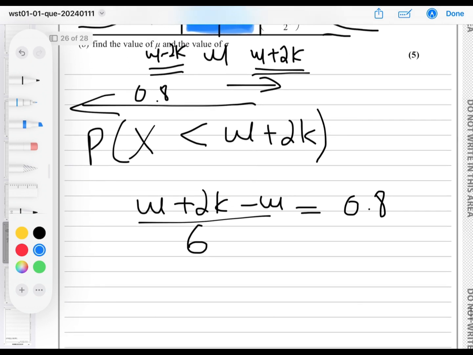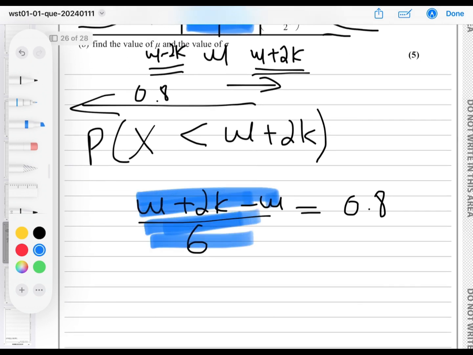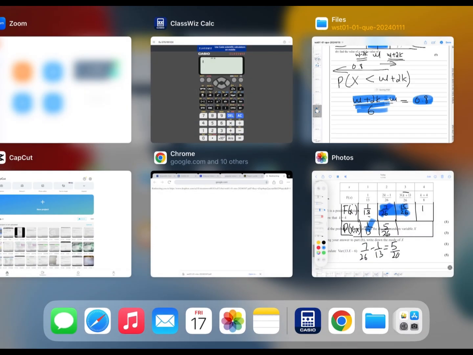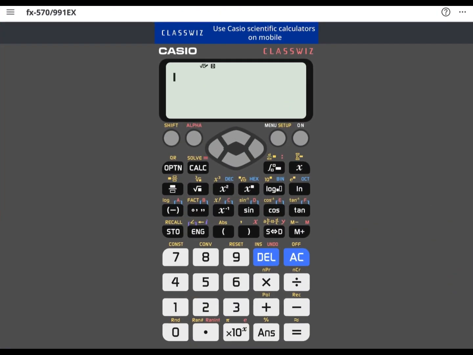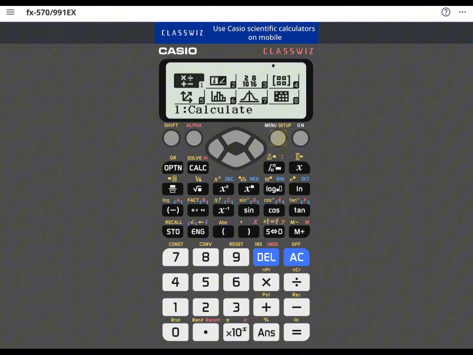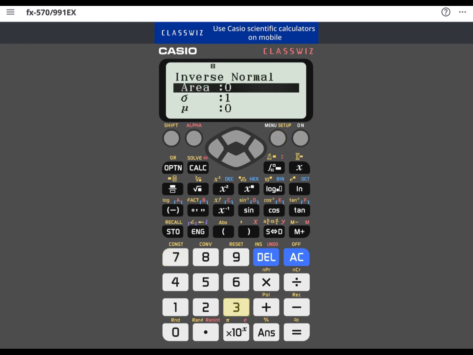Now we have a z-score, so we will also calculate the z-score for this probability, for this area. Going to the calculator, menu 7, inverse, the area is 0.8416.